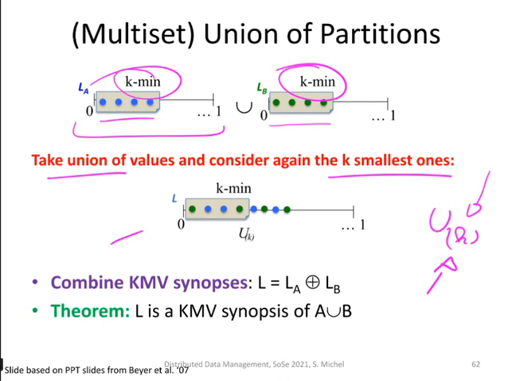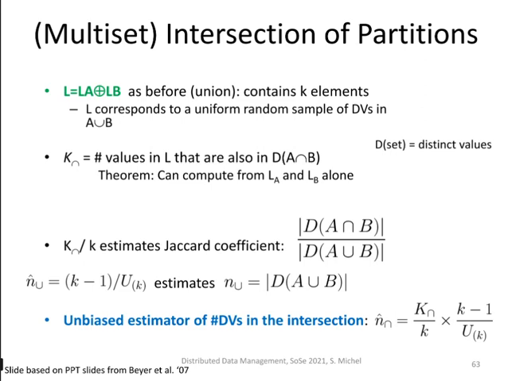The synopsis created this way gives you an estimator for the union of these two sets. We can even do this for the intersection, which is given here. I'm not going into details, it doesn't really matter for this course, but given the KMV sketches for two sets A and B, you can also obtain an unbiased estimator for the distinct values in the intersection of the two multisets.